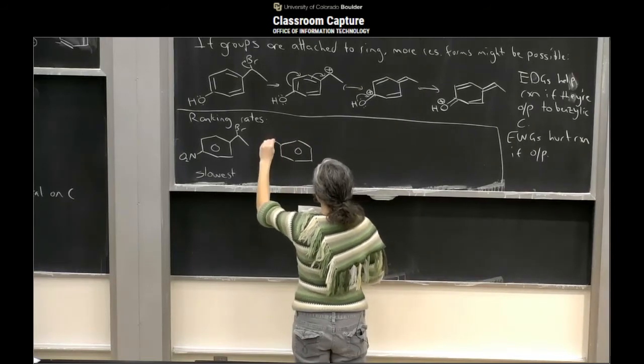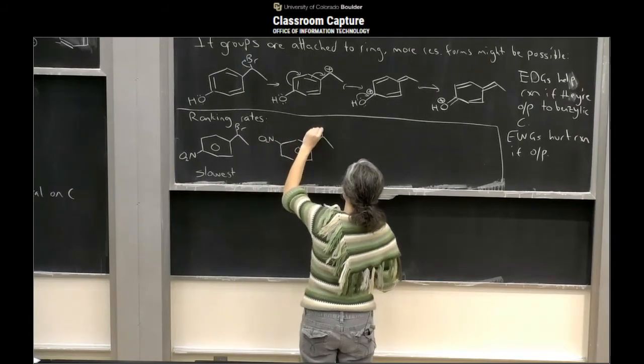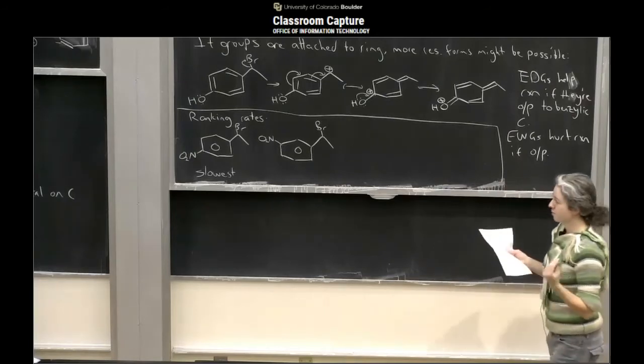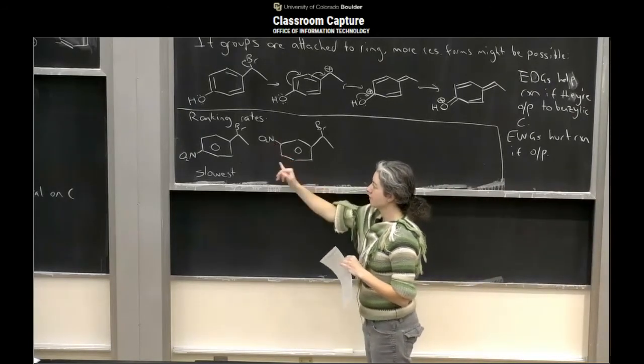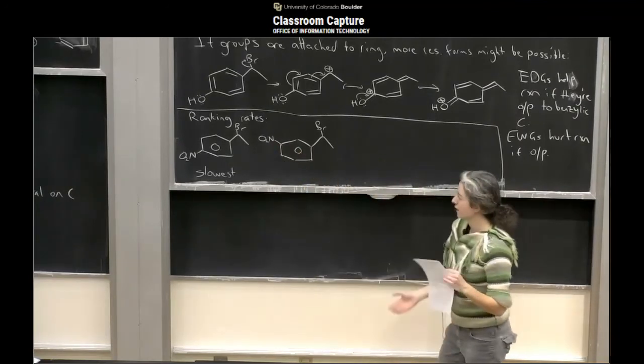And then just like in last chapter, having it meta still slows things down a bit, but not as badly as ortho or para, which is why nitro groups during electrophilic aromatic substitution happen to be meta directing, because meta is the position that doesn't get messed with quite so badly.